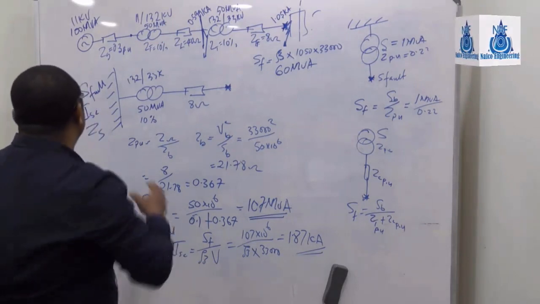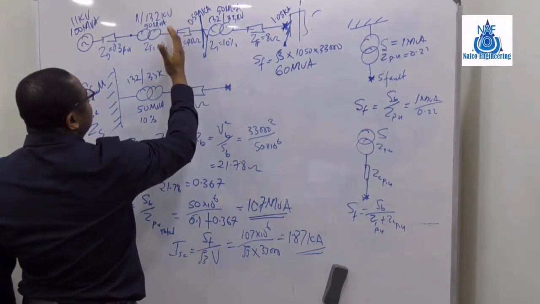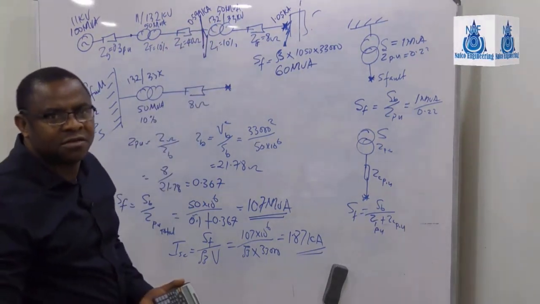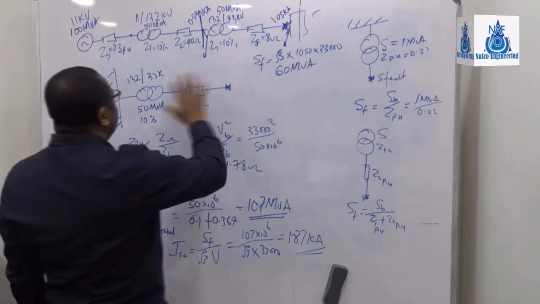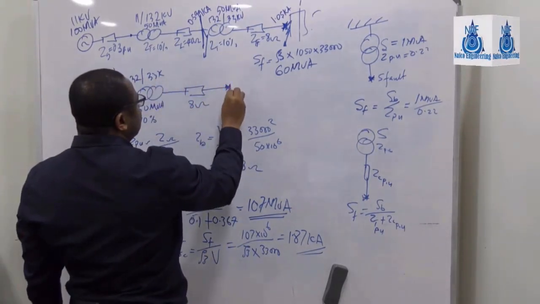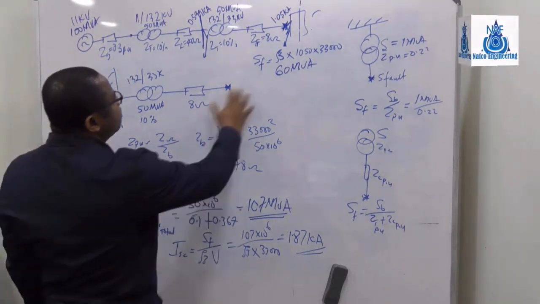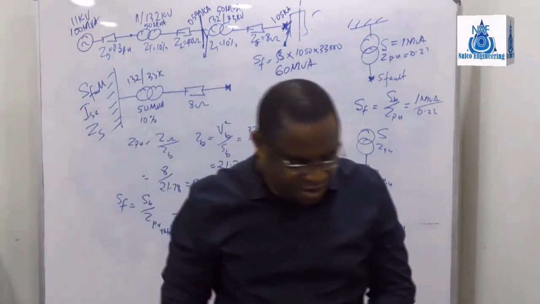You can use that short circuit current with the voltage to know the source impedance, and then use that source impedance together with all these impedances to get the fault level at this point, the new fault level, which is that. Okay?